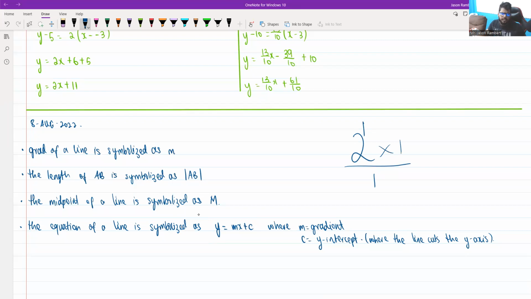But we don't write them because it's generally accepted. 2 is 2. It's still 2.